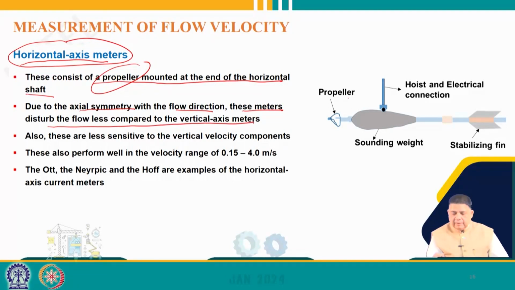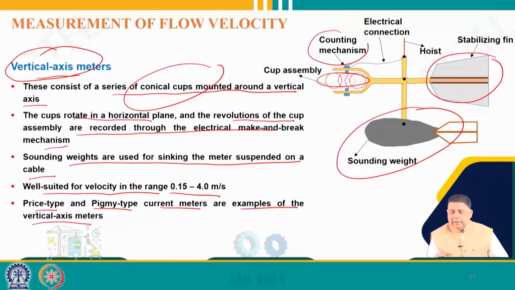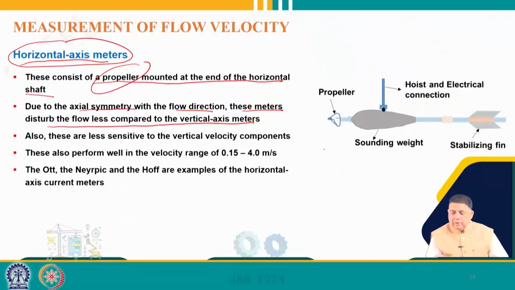So, if you look at the design of the two, here there is a significant component which might disturb the flow, whereas here it is just a propeller which rotates. Also, these are less sensitive to vertical velocity component, because there is no vertical disturbance. So, there is no vertical velocity component in this case.